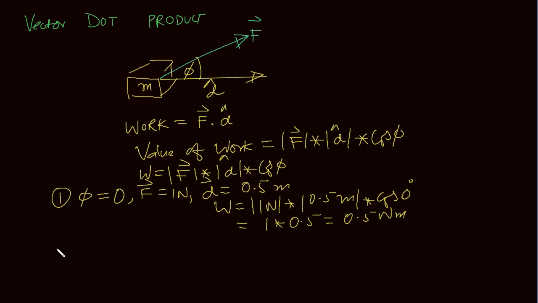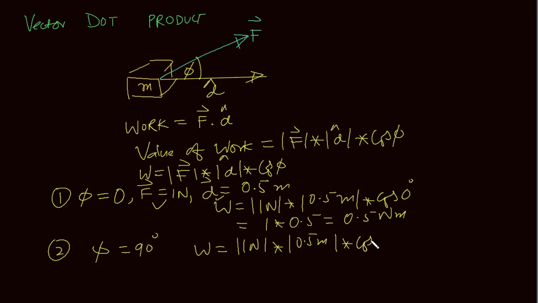Now in the second case, phi is 90 degrees and force and displacement remain the same. So work will be 1 Newton, magnitude of 0.5 meter, multiplied with cos of 90 degrees, and we know cos 90 degree is 0.